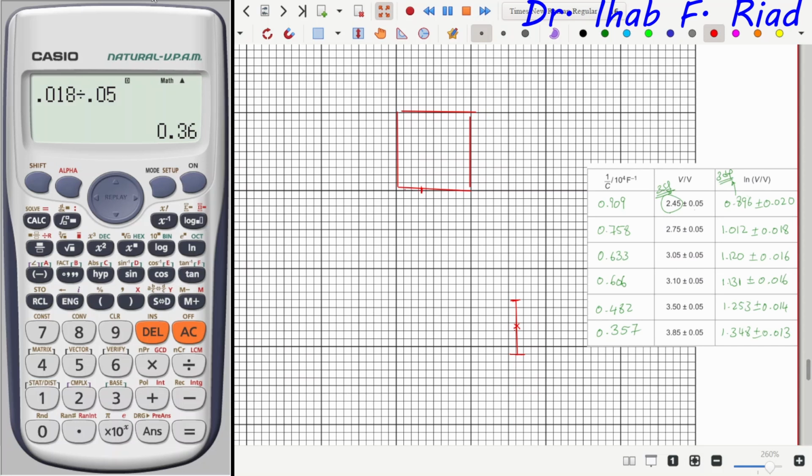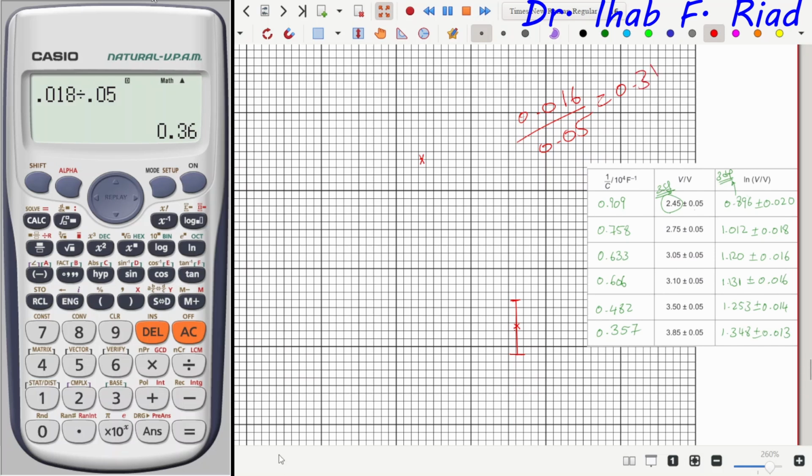And 1.1 is here, and this is 1.2. So our value is around here. This is our value. We counted it on the x, and we counted it on the y. Next, 0.016.